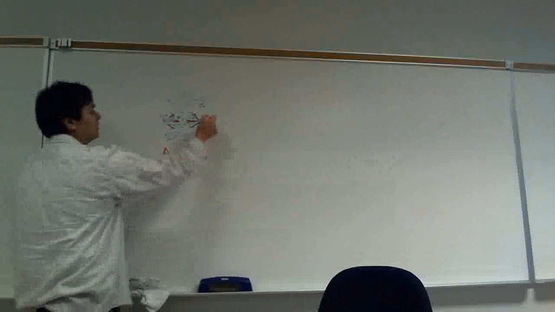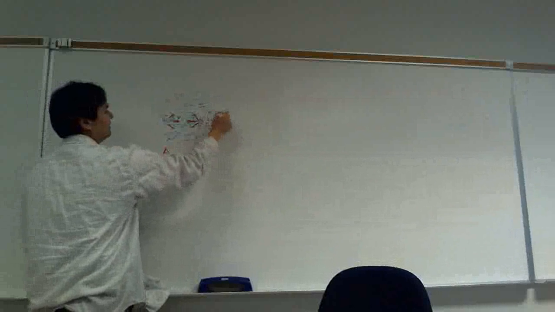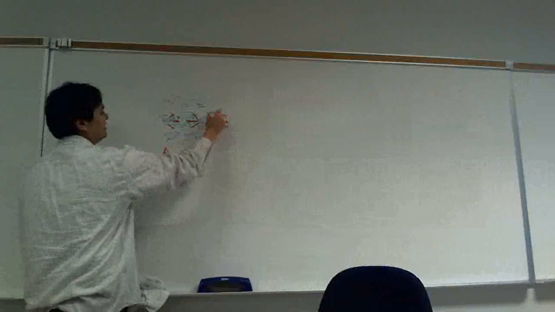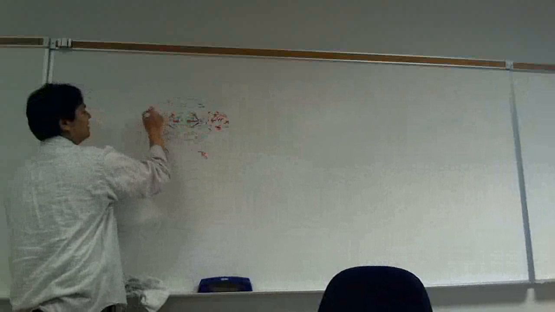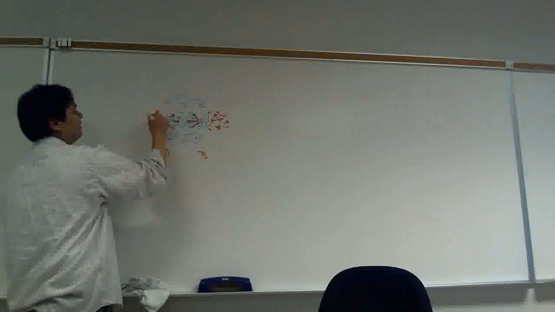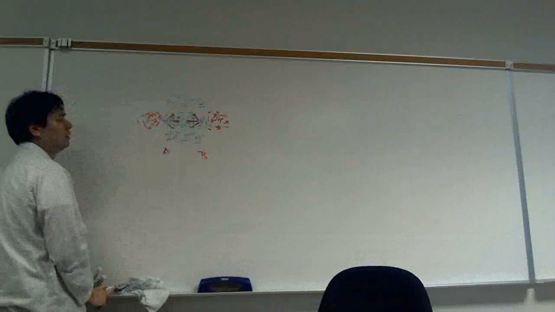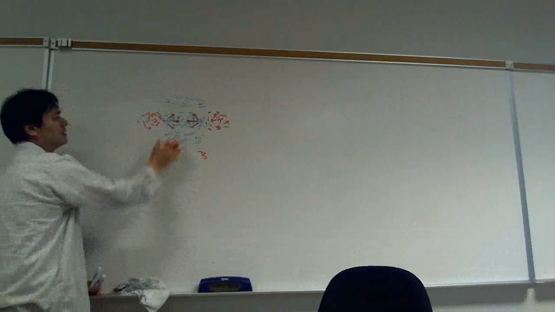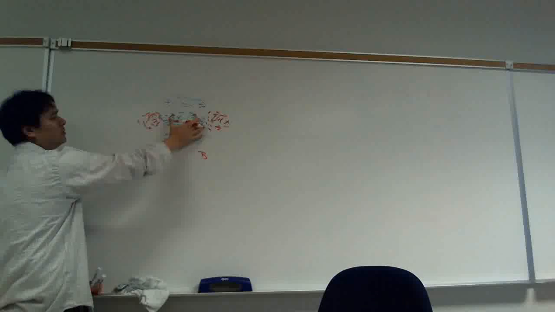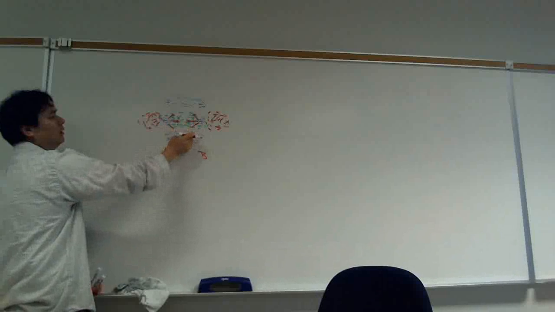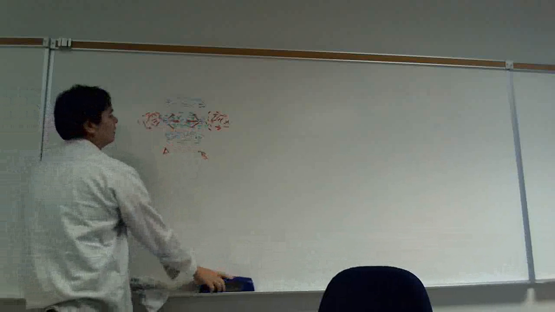How about this orbital here? There's electron density here and electron density here. Does this hold the two atoms together? No. Because the two protons, or the two nuclei, actually, let's erase the bonding.